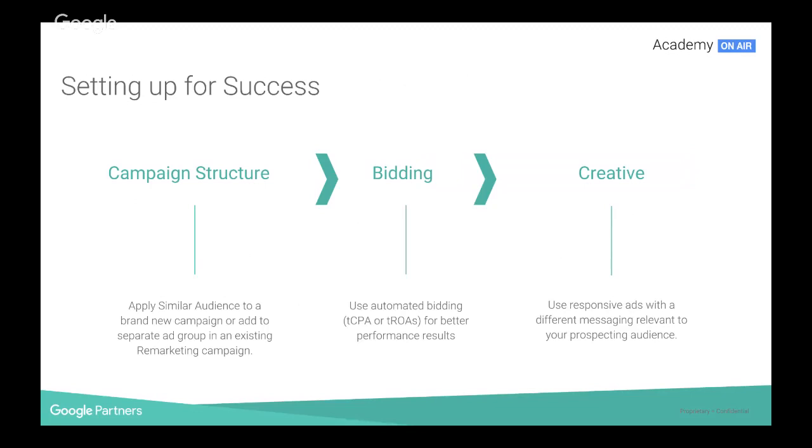You can technically also add a similar audiences ad group to your current remarketing campaign. In that case, though, you will need to raise the target CPA of your campaign, because again, we are talking about expansion, so the target CPA will need to be a bit higher to reach out to new users as well.